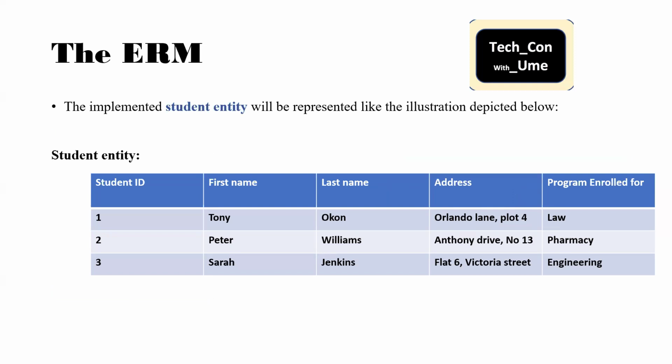The implemented student entity will be represented like the illustration depicted below. Here you will note we have attributes of the student entity for a number of instances. Here we have 3 instances of the student entity.